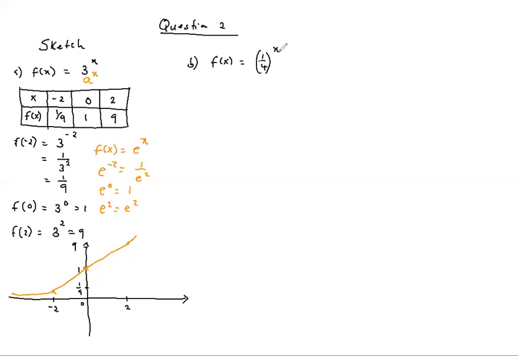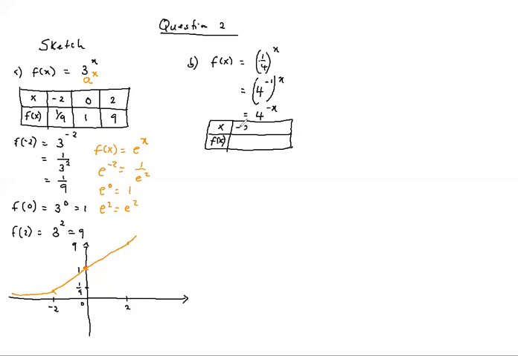Now here we have a fraction, meaning that we need to write our fraction in whole number form. So we change the power, and this becomes 4 to the power negative x. Our interest is to sketch, so we come up with a table and see what happens now when the whole number is positive and the power is negative.